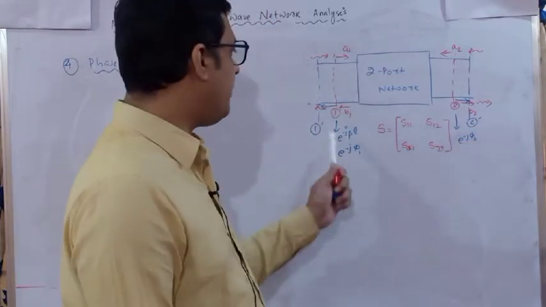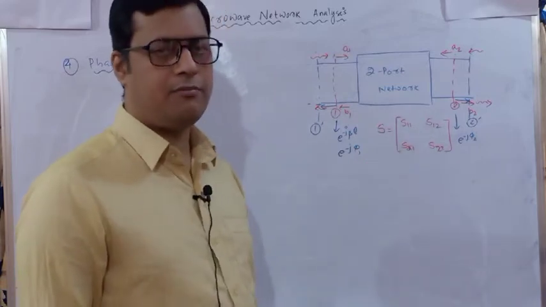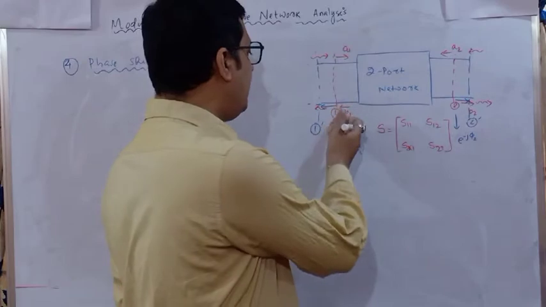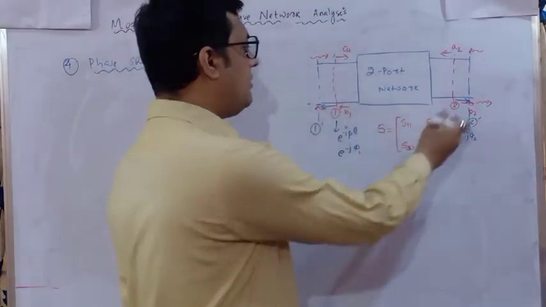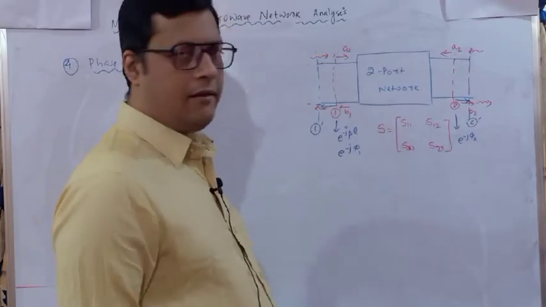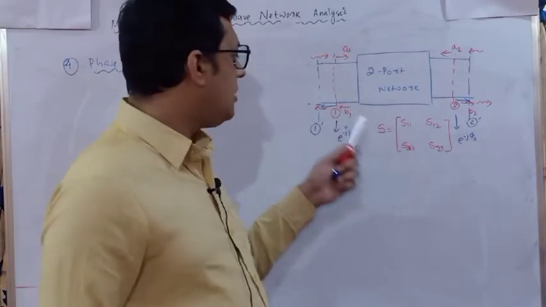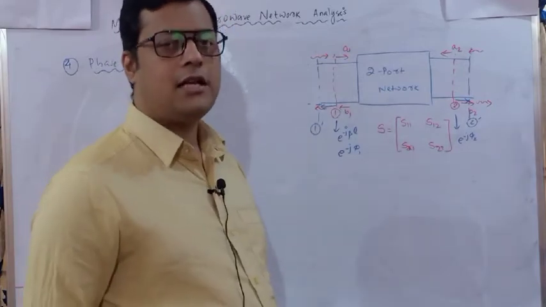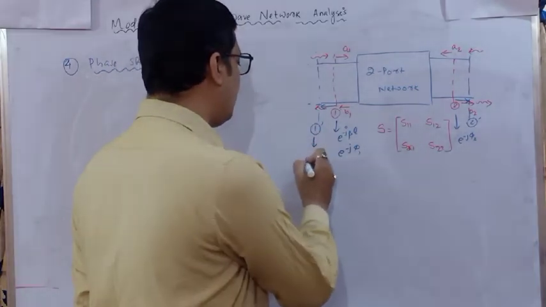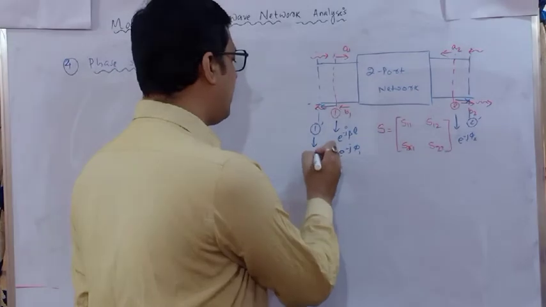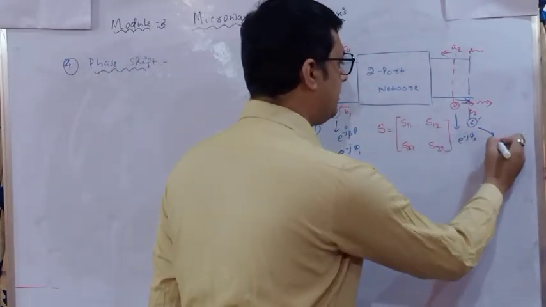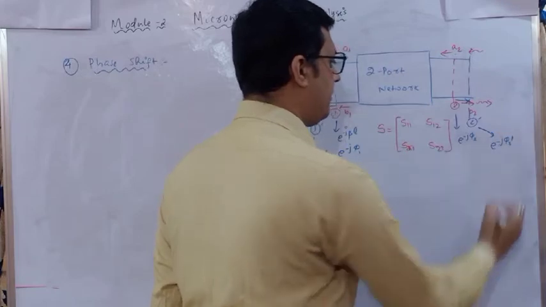Wherever the initial positions of port 1 and port 2 lie, if you change the position from 1 to 1 dash or 2 to 2 dash, the length of the phase also changes. At 1 dash I will observe e to the power minus j phi 1 dash, and similarly here I will observe e to the power minus j phi 2 dash.